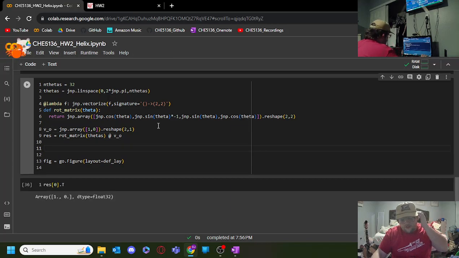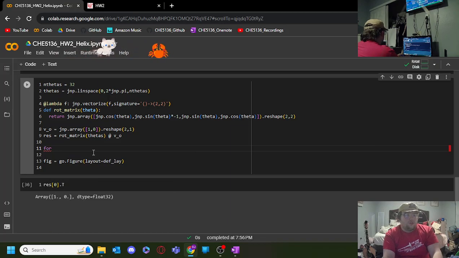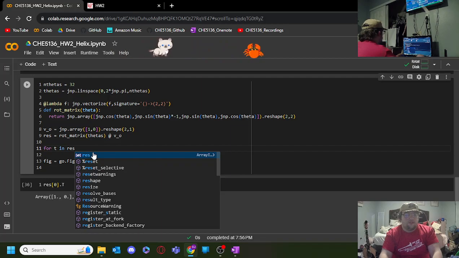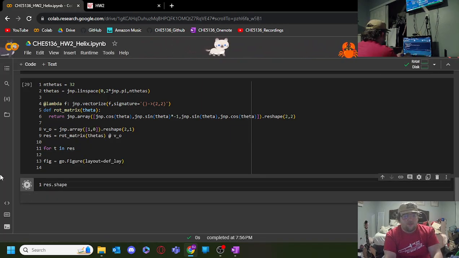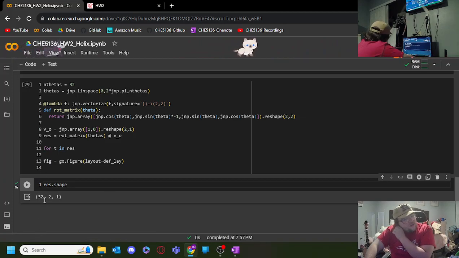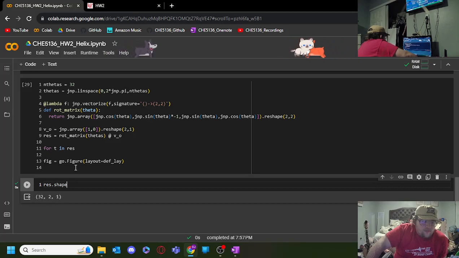Alright, but just to show you what's going on now, so for t in res, let's remember res dot shape. It's going to go through these 32 thetas. It's going to give us 2 rows.